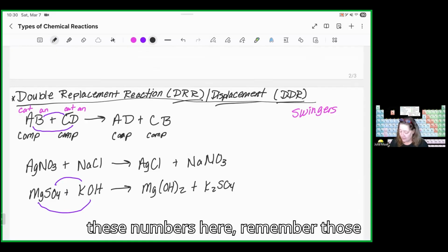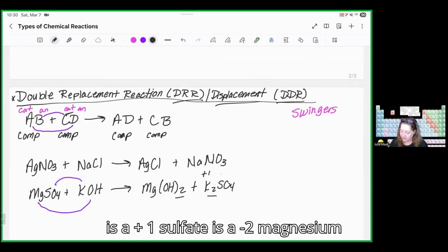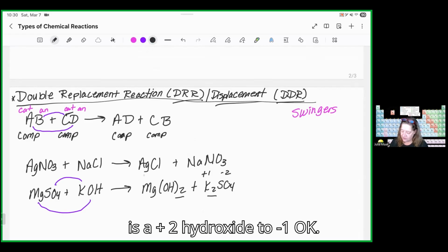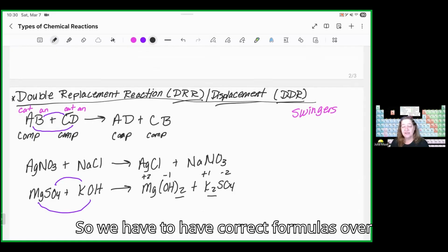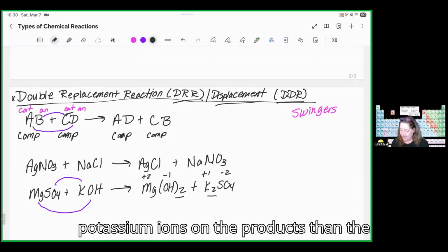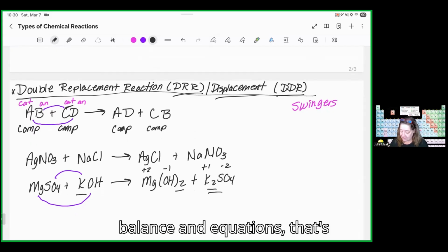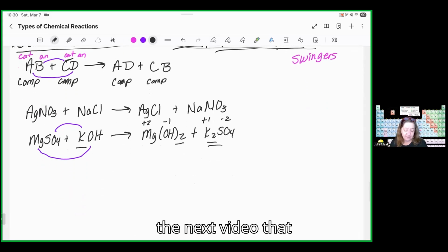Okay, and these numbers here, remember, those are because of correct formulas. Potassium's a +1, sulfate's a -2. Magnesium's a +2, hydroxide's a -1. Okay, so we have to have correct formulas over there. The fact that we have more potassiums on the products than the reactants, that comes out later in balancing equations. That's the next video that I'm doing.